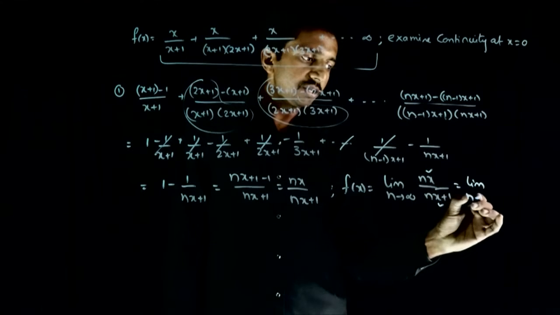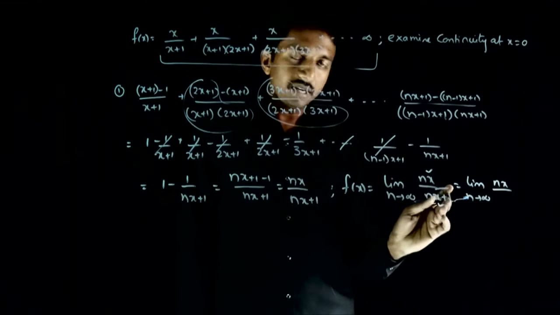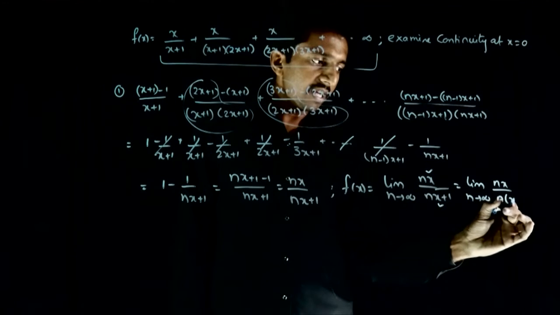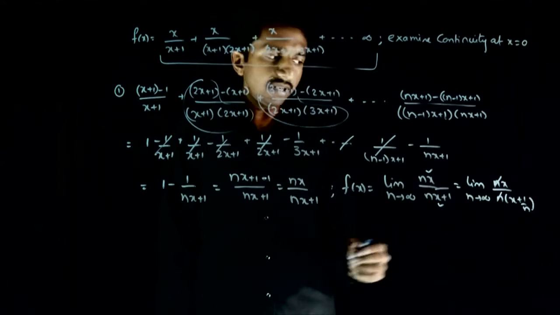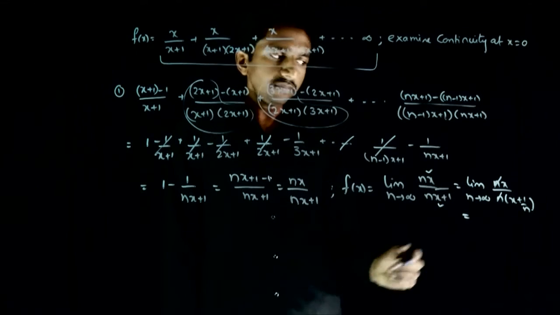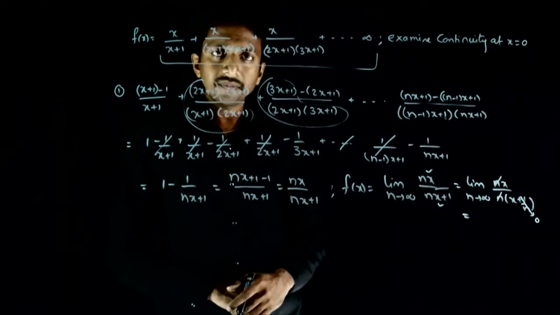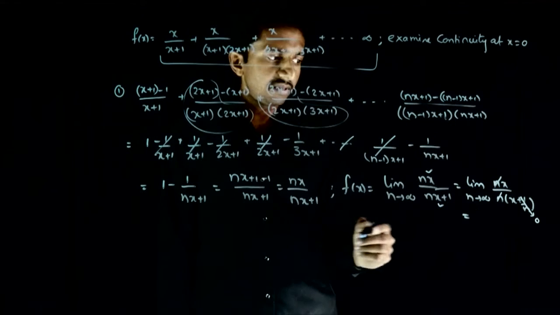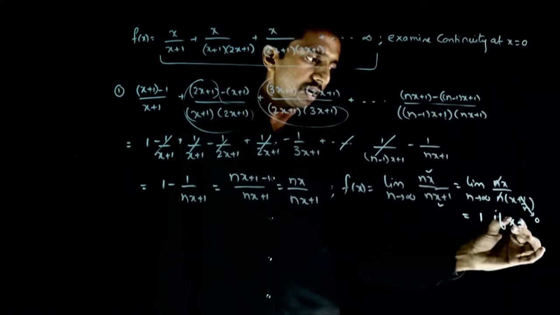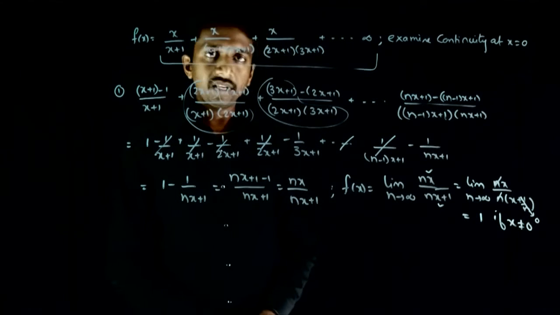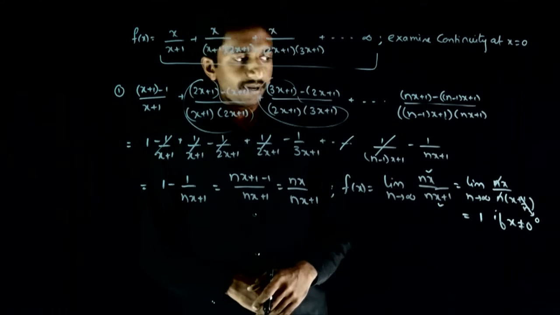The numerator is nx, divided by the denominator where n is taken common, n times x plus 1 by n. So this n and n are getting cancelled. 1 by n is tending to 0, so you get x by x. So x by x is equal to 1 if x is not equal to 0. If x is not equal to 0, the limit of x by x will be 1.